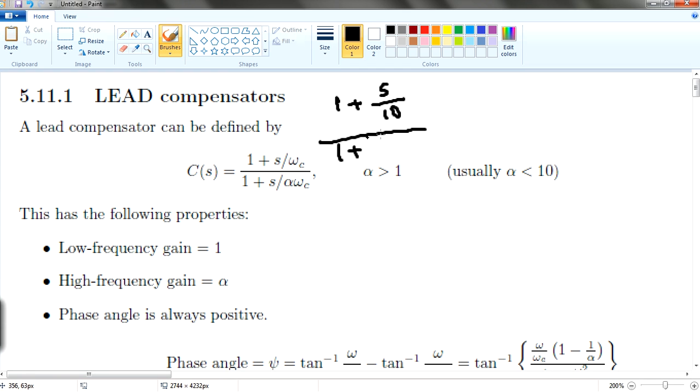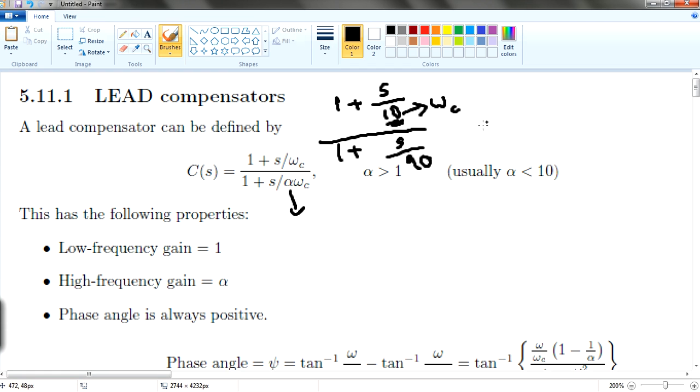Usually it's smaller than 10, but let's say alpha is 9. So 9 times omega C is 90.